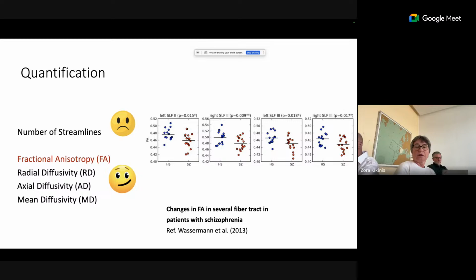What we compare here and where we see differences is in FA, and this is for the SLF, superior longitudinal fasciculus 2 on the right-hand side, on the left-hand side, and then SLF3 on the left and right-hand side. There are many more, I just picked out something. And this is also an extremely small study. So these days we do studies with much bigger data sets, and that's why we need to have things automated.